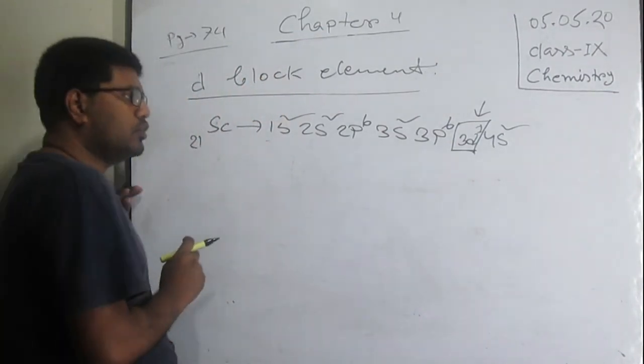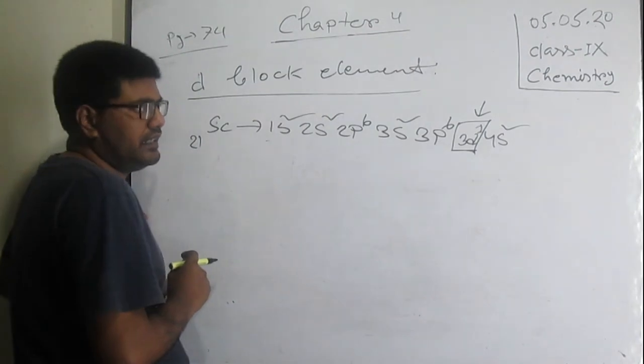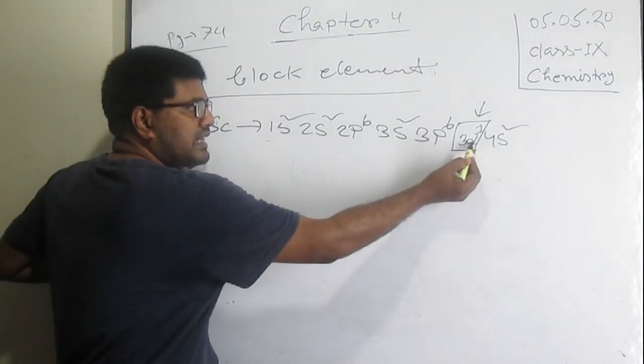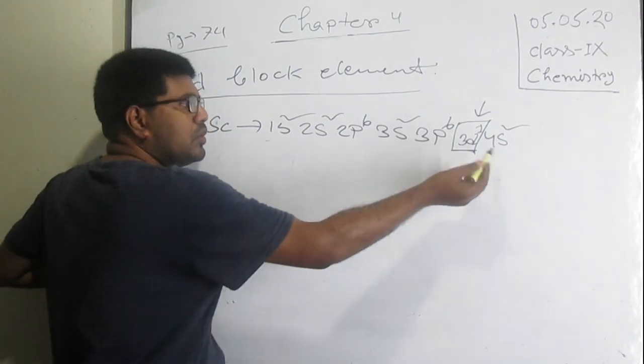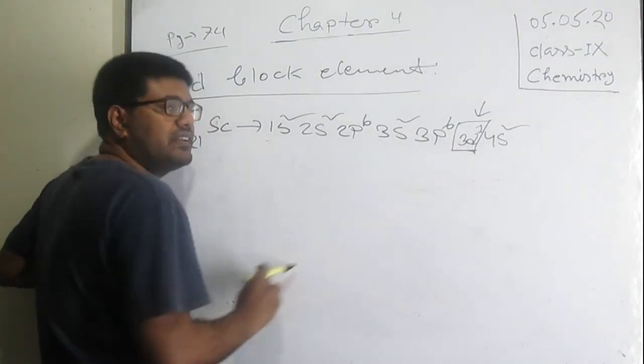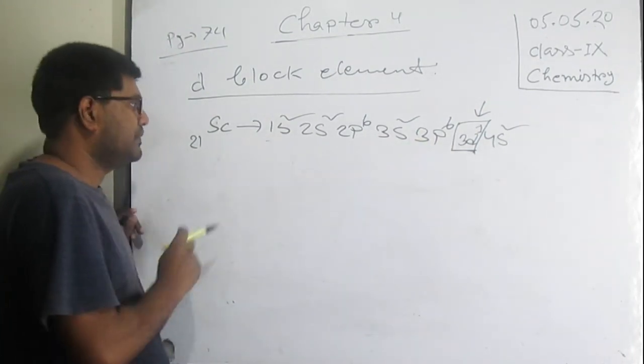You know the electron goes to the lower energy orbital. Here 3d has higher energy than 4s, that's why the electron will go to the 4s orbital first. When it fills up, then the electron will come to this 3d orbital.